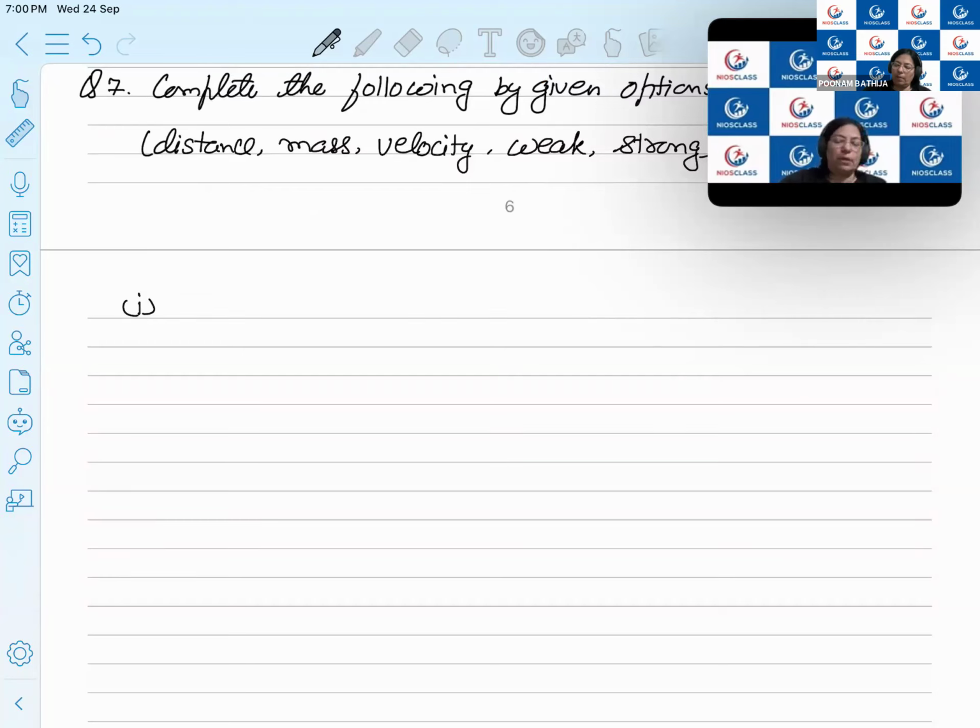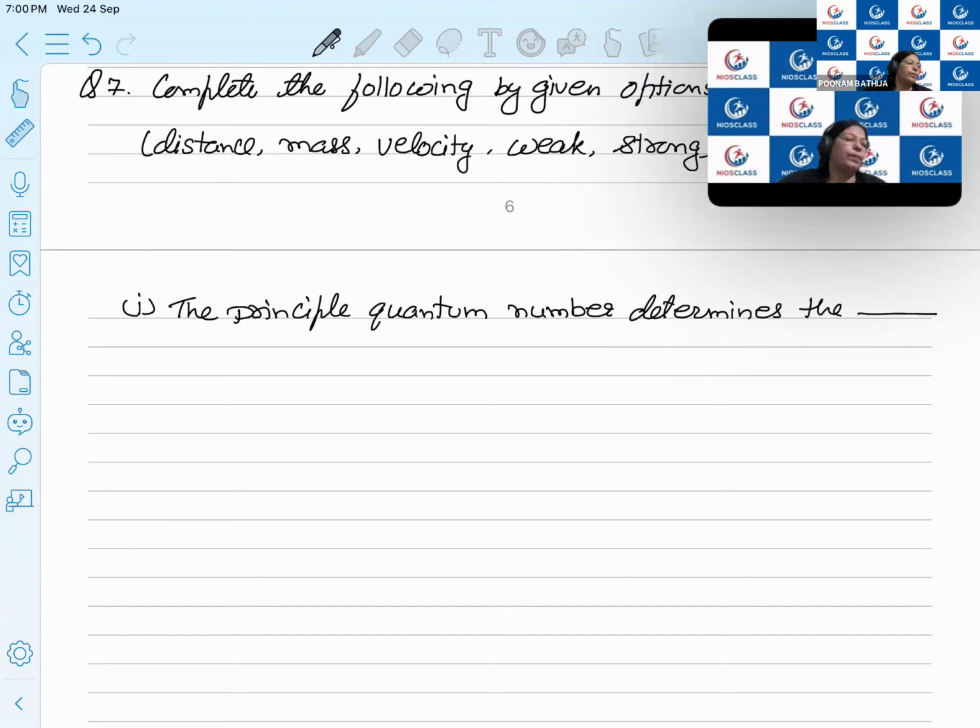The principal quantum number determines the blank of the electron from the nucleus.